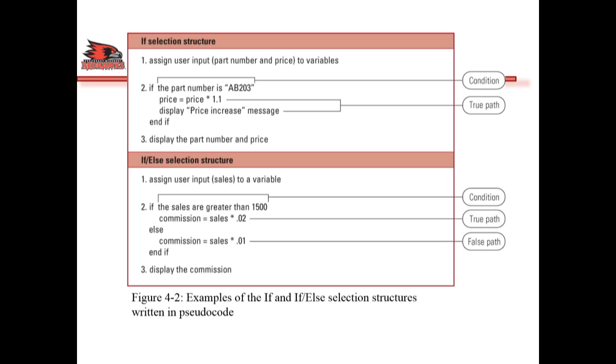If the sales are greater than 1500, then there's another variable called commission, which equals sales times 0.02, so 2% of the sales is given as commission. If it's less than 1500, the commission is sales times 0.01. The idea is if there are a lot of sales, you get more commission than if not. And in any circumstance, after these conditions are met or not, we display the commission that we're getting.